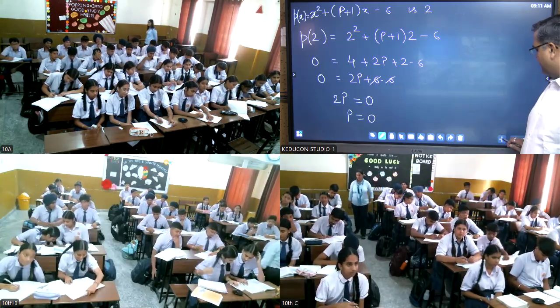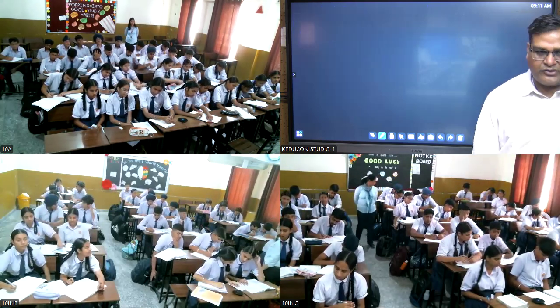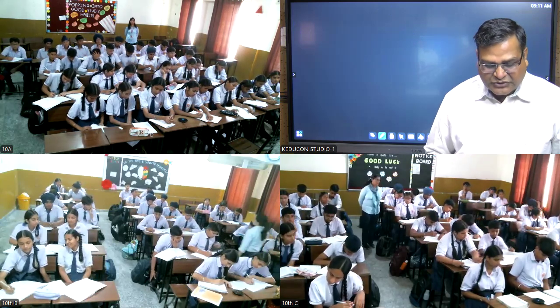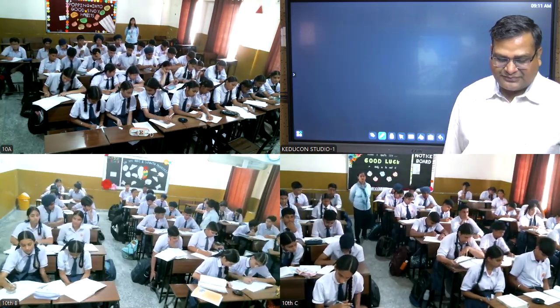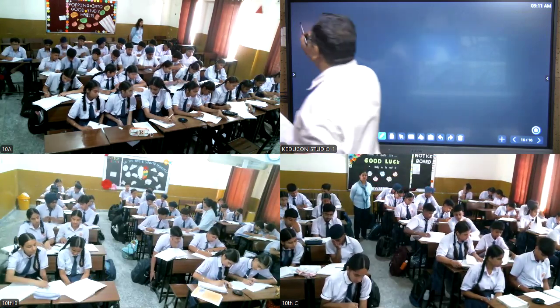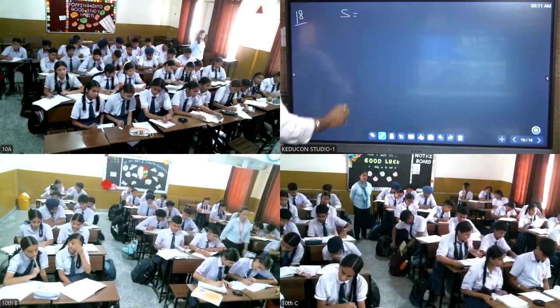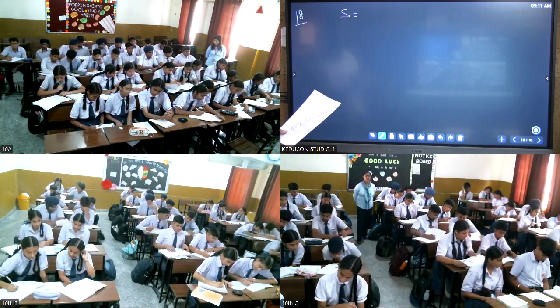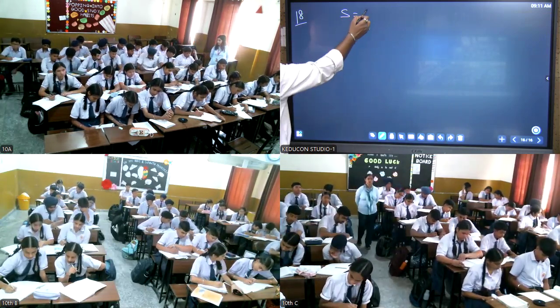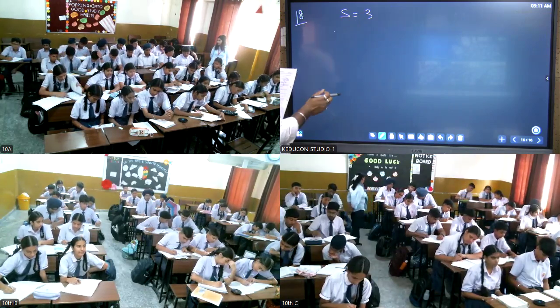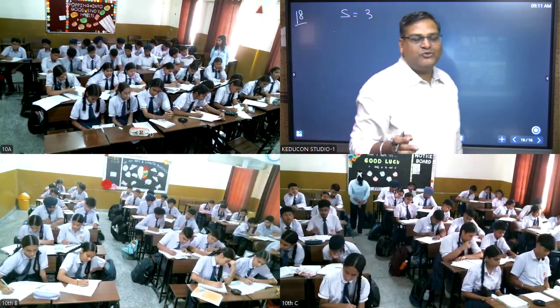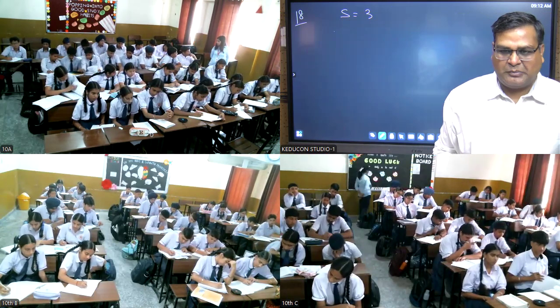Right students, so we move to the next question if you don't have any doubt. Next question is question 18. Now the question is, sum of the zeros is given to you. If the sum of the zeros of the quadratic polynomial 3x square minus kx plus 6 is 3. Student, a very important thing is you need to understand the question properly.